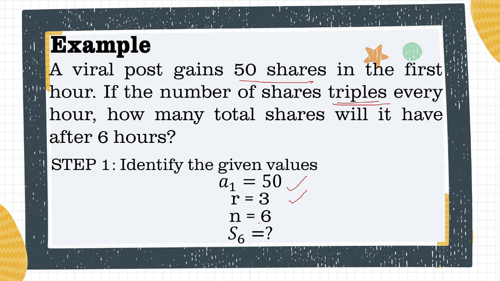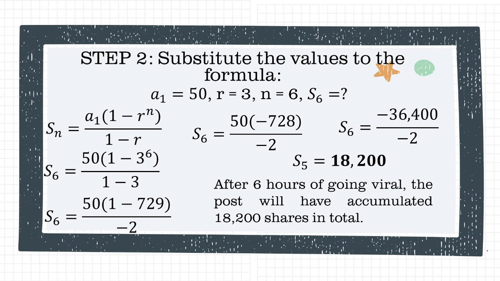Next, how many total shares will we have after 6 hours? So n is 6. Since we are finding S of n, we will be finding S of 6. Now let's substitute in the given formula. S of n is equal to a of 1 times 1 minus r raised to n, divided by 1 minus r.